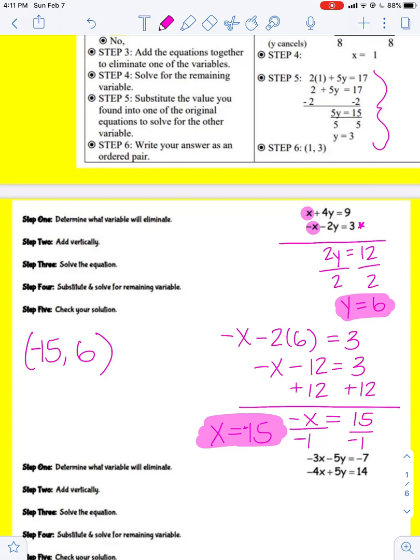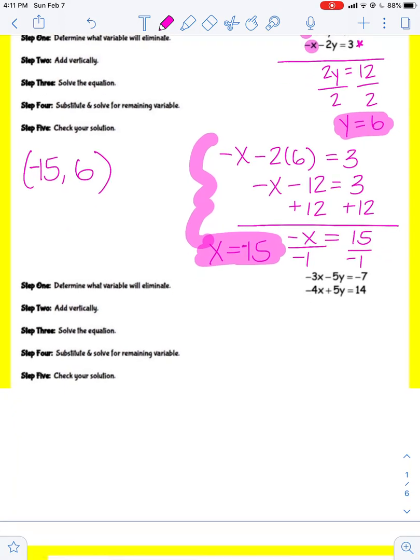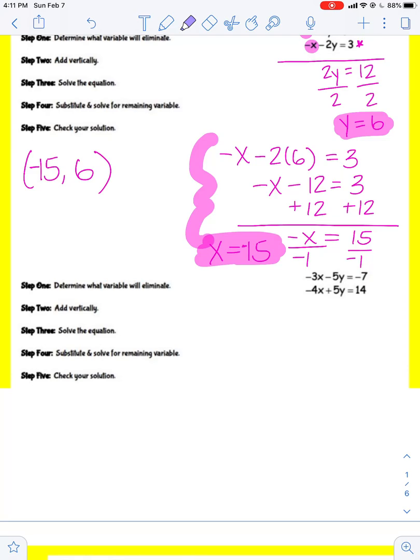So this is basically the same thing, like, once we get to this point down here, it's what we were doing last week. Only sometimes instead of plugging in for x, you might have to plug in for y. So down here, we're going to look at another one. The first thing we have to do is determine which variables we're going to eliminate.